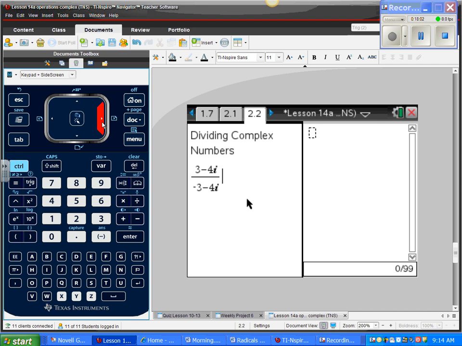Okay, any ideas? I can have lots of negatives in the denominator. Can't have radicals in the denominator. I can have negatives. Don't care for negative exponents. Don't have any of those though, so I'm okay.